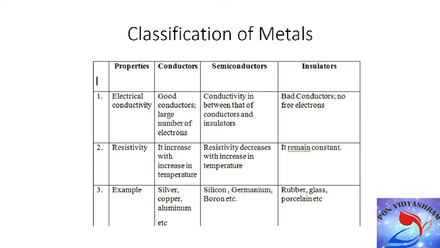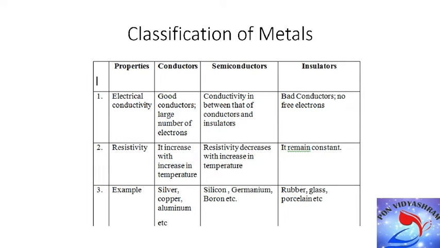This is the reason conductors conduct electricity and insulators do not allow electricity to flow through.